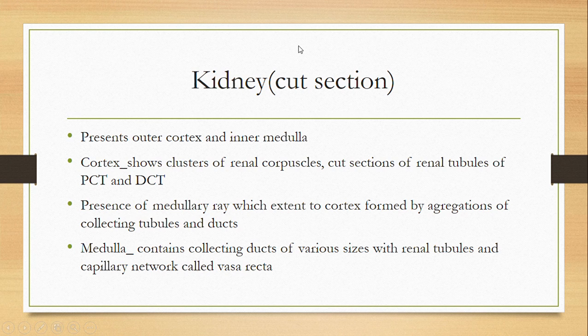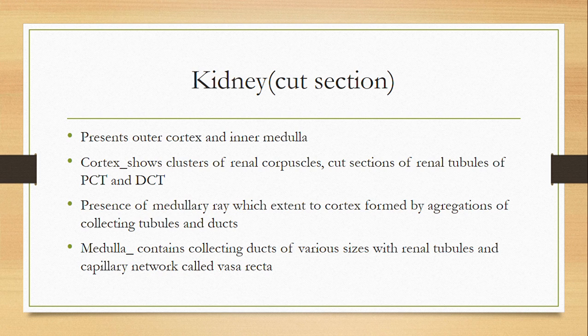First we will learn about the kidney. As we all know, the kidney is the organ which filters the blood to make the urine. It is a bean-shaped structure, two in number.